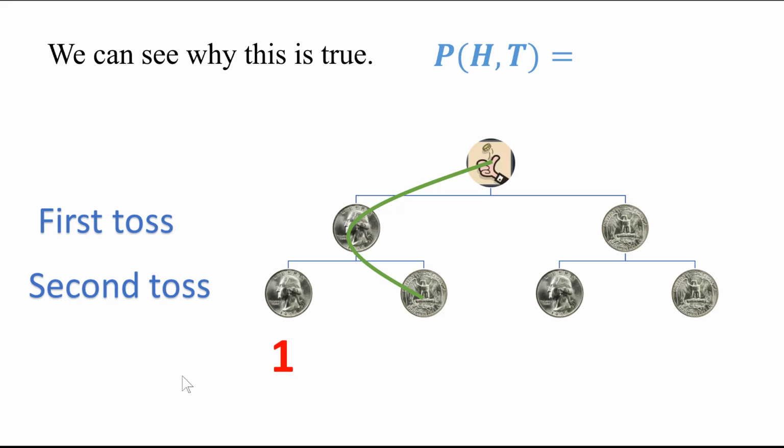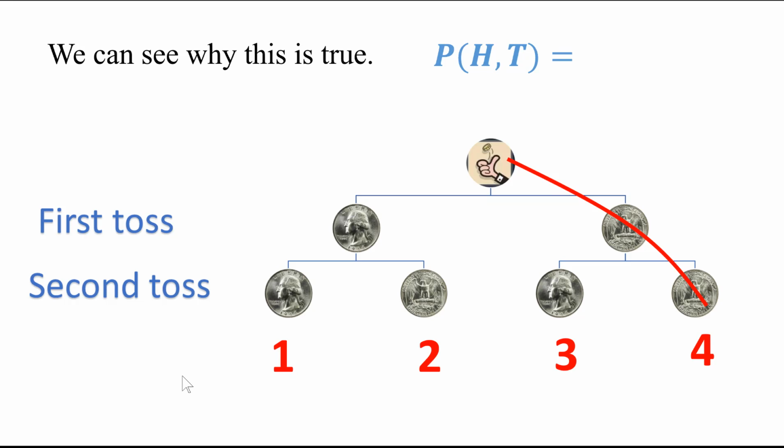That's the second possible thing. Then another possibility would be that the first time you get tails and the second time you get heads. Tails, heads. So that's three possibilities so far. And then the last thing that could possibly happen would be you'd get tails first and tails second.